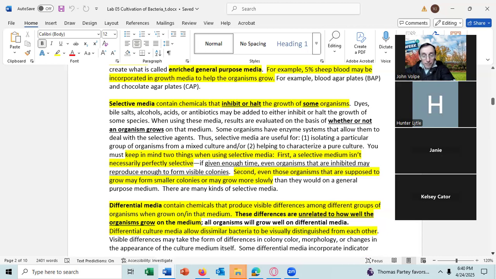These differences are unrelated to how well the organism grows on the differential media. Differential culture media allows you to distinguish between dissimilar bacteria by visually distinguishing the two species from each other.